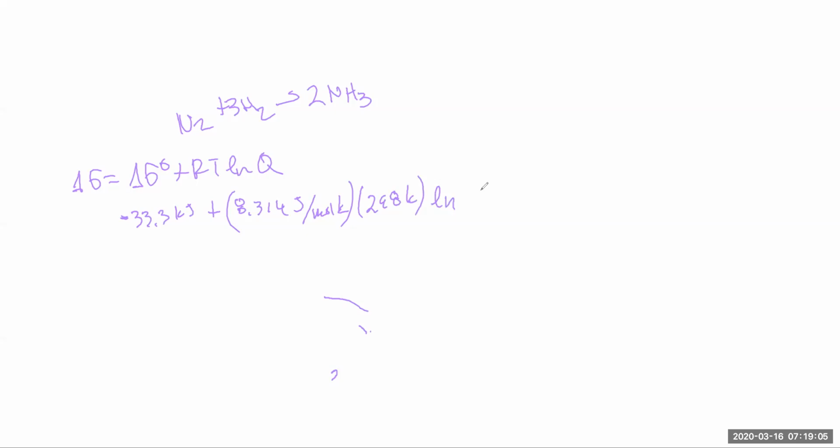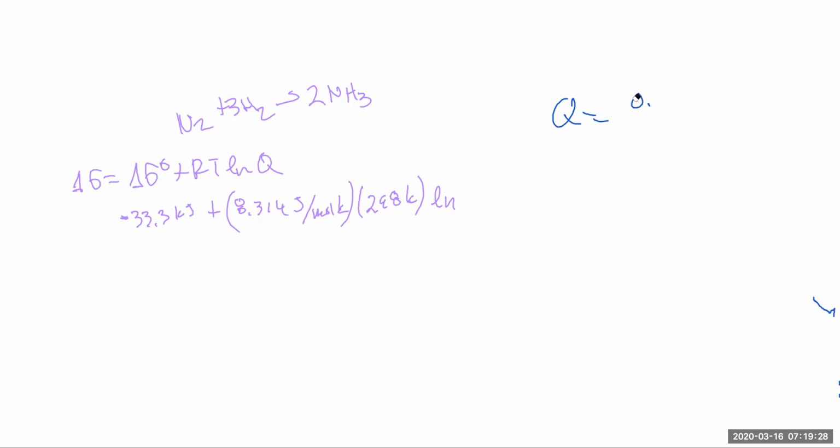Let me go ahead and erase this a little bit. So our Q should be our products over our reactants. So our Q should be our equilibrium expression.